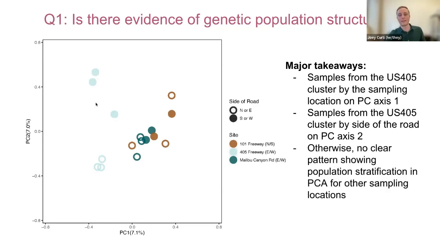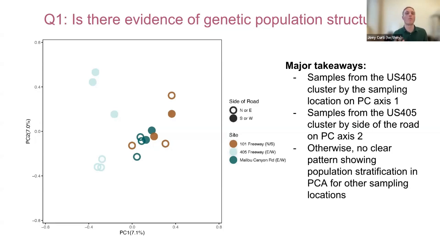However, when we look at everything else, they're garbled together, right? They're all mixed in, and there's no real clear and interpretable pattern of population structure. So just a basic summary is that this analysis is able to see some effect of roadway for the 405 samples, but not elsewhere.